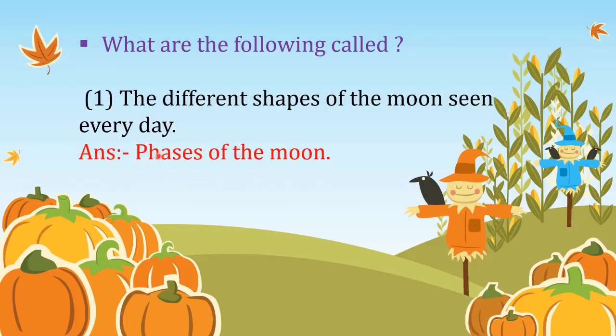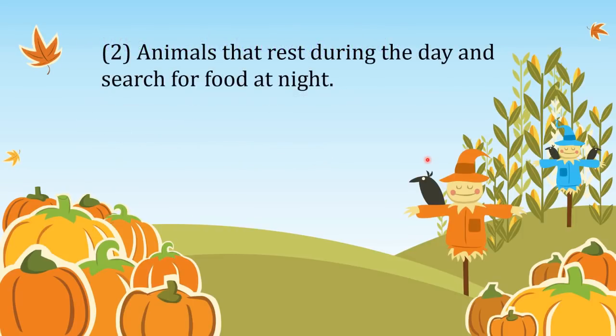The answer is phases of the moon. Animals that rest during the day and search for food at night. What are they called? Very good. Nocturnal.